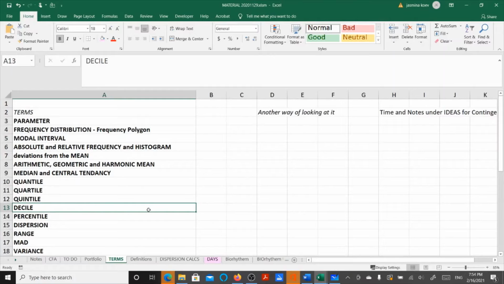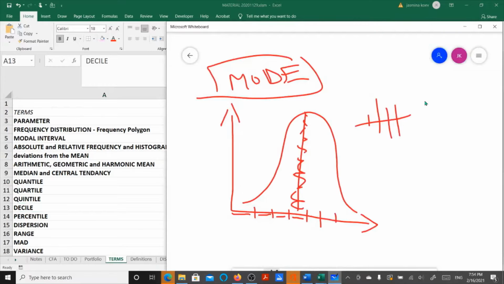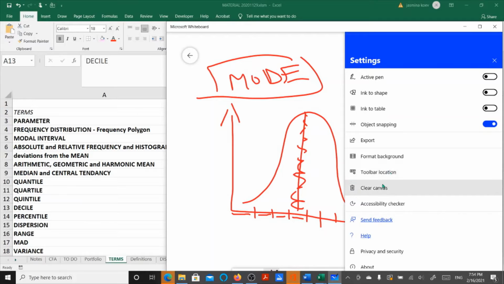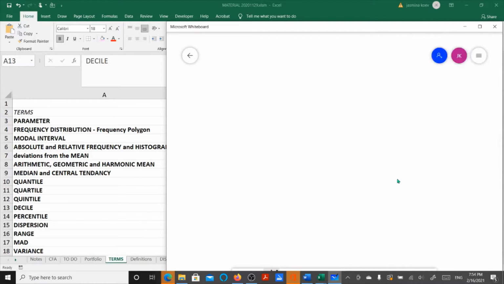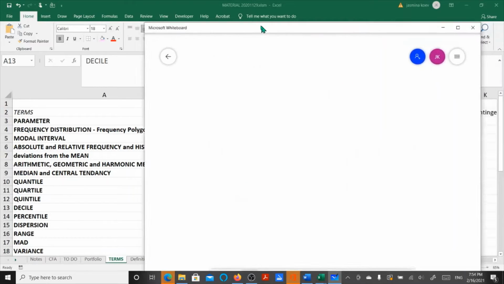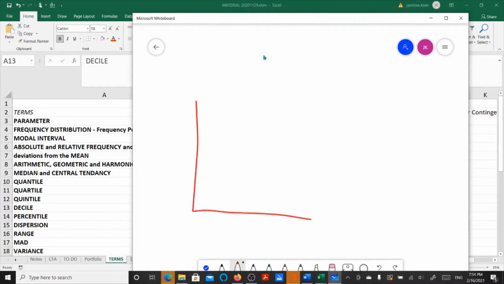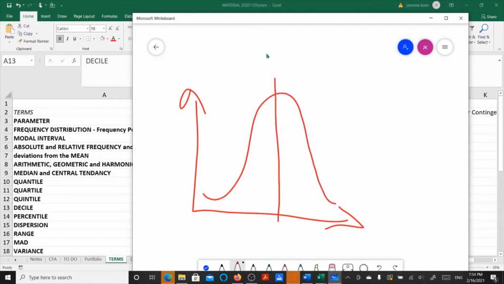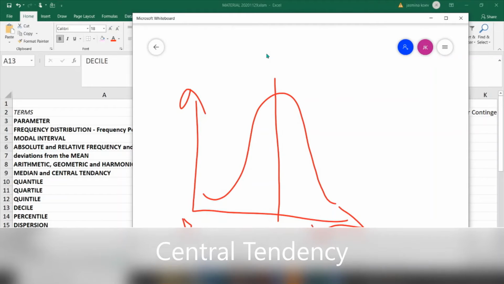And the other thing that I wanted to touch on as well was median and central tendency. Here, let's clear the canvas. Again, we're going to show a bell curve like this. This is 0, this is 100% of observations of students, and the central tendency is an average.